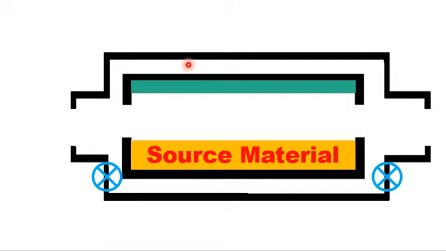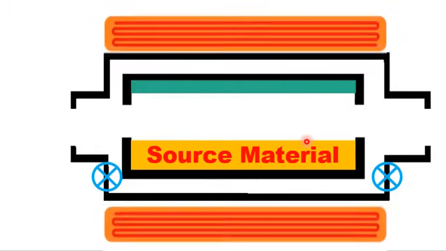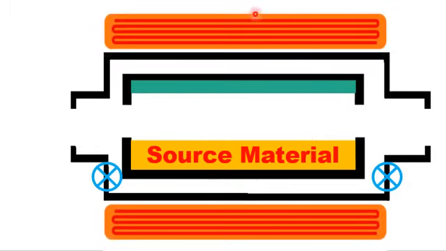However, what do you think? How do you basically deposit a thin film? For deposition of thin film, you need to heat the source material. This source material is heated by incorporation of a heater, and the heaters in a closed space sublimation apparatus are usually incorporated above and below the reaction chamber.